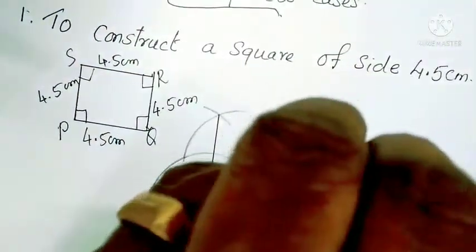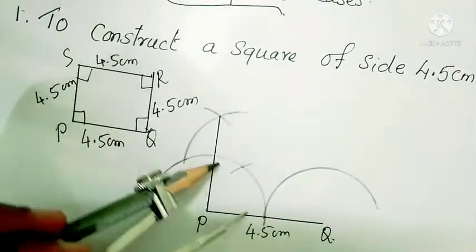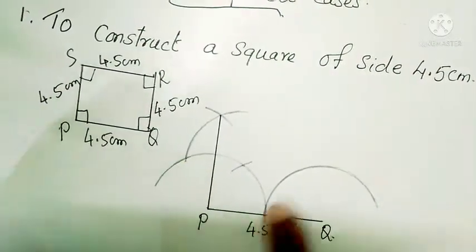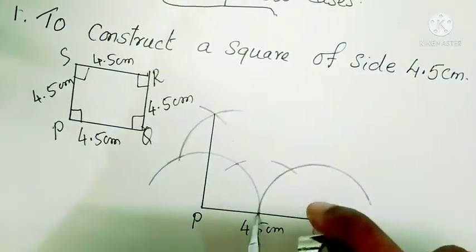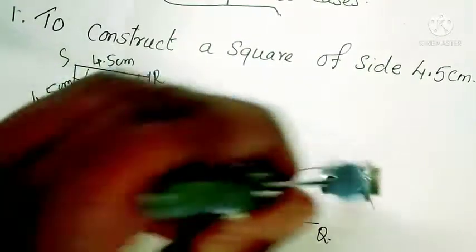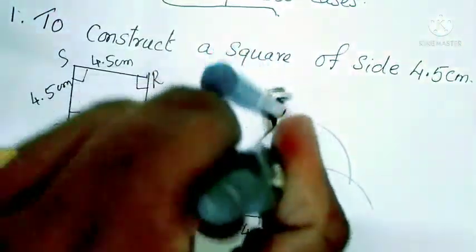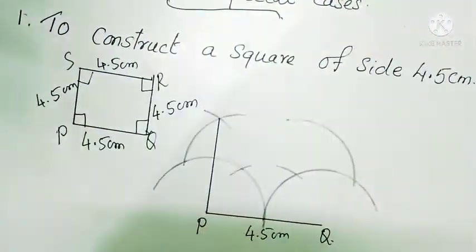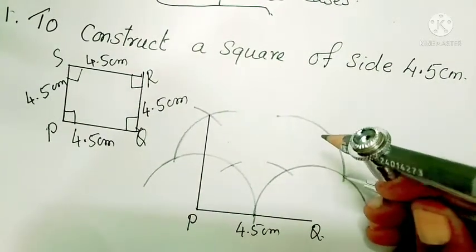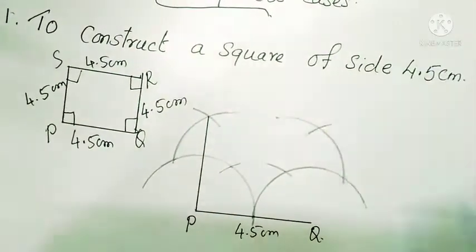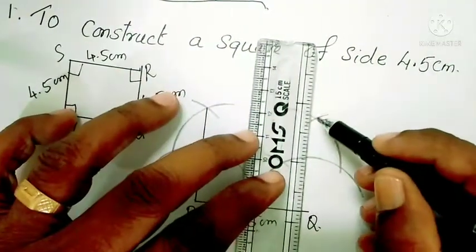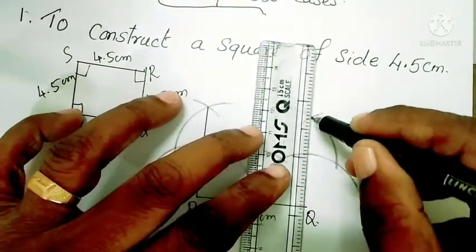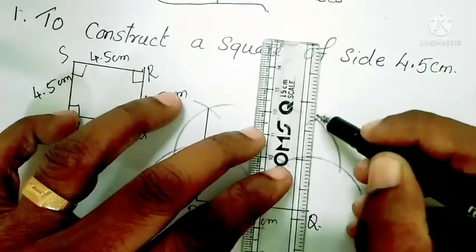Then take this distance from here to here and mark it. Then from here, the second one longer, and from where it met, draw the third one. This is very easy to draw a 90 angle, and then join that point to Q.